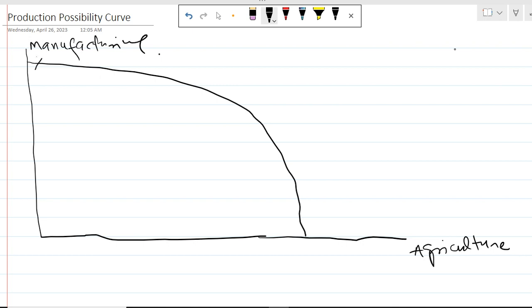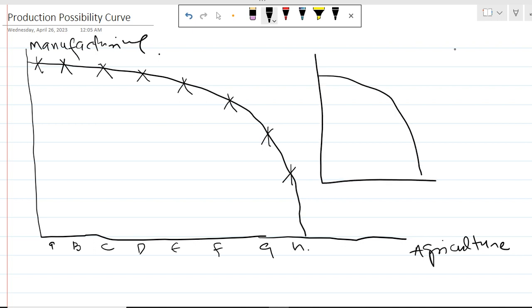So here there are different points, and here we say that okay, this is point A, point B, point C, point D, point E, point F, point G and H. So we say that this is basically this type of curve. I'm sorry, I'm drawing using a pen.